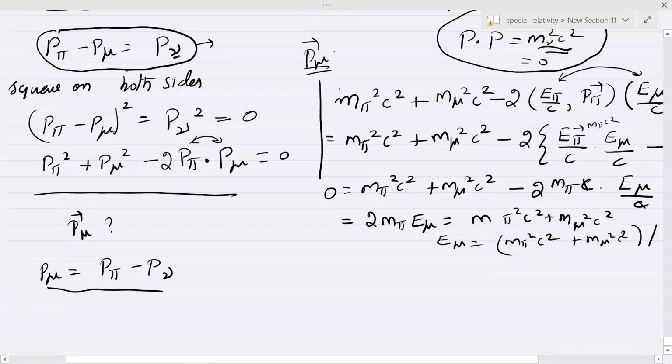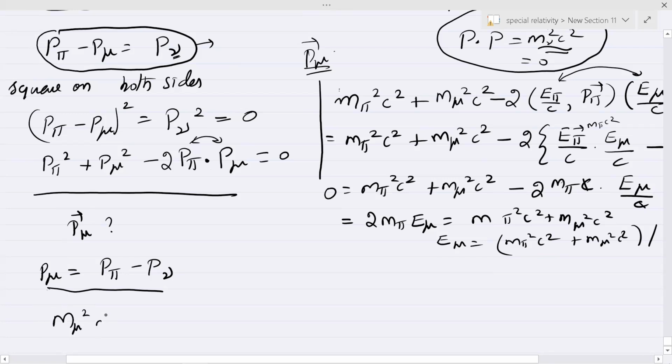So initially we did p nu is equal to p pi minus p mu. Now we are doing p mu is equal to p pi minus p nu. If you square on both sides, you'll get p mu square, which we know is m mu square c square.